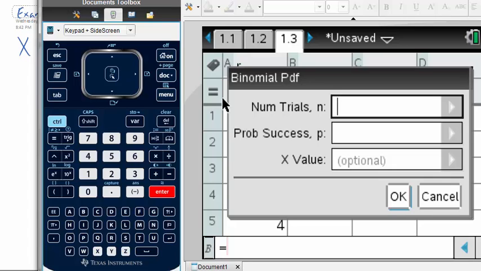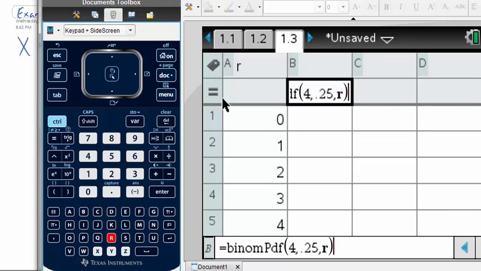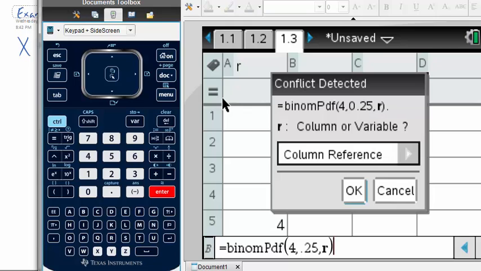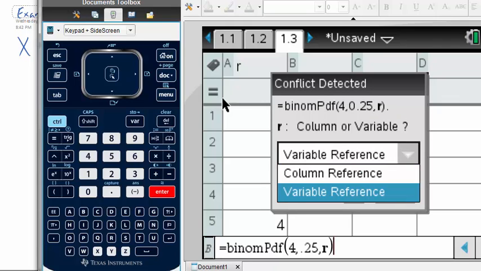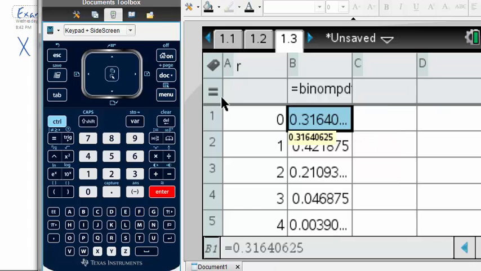The number of trials is 4, and the probability of success, P, was 0.25, and for the X value, I'm going to put my variable in, R. I hit OK, and it puts my formula in, and it asks if it is a column reference or a variable. That's a variable that I defined. I press enter, and here's my probability distribution for this binomial probability.